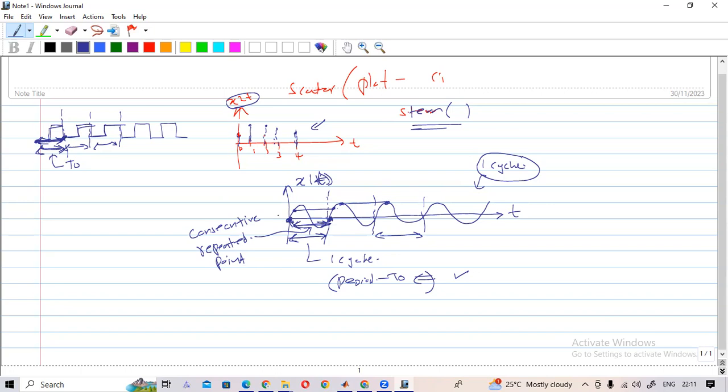Likewise, any repeating signal will have a cycle, and also the time period for that cycle. That period is called the fundamental period. So this is how we find the fundamental period.